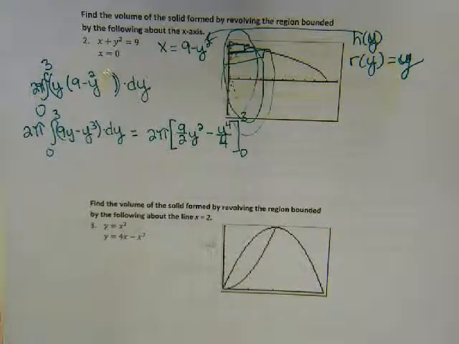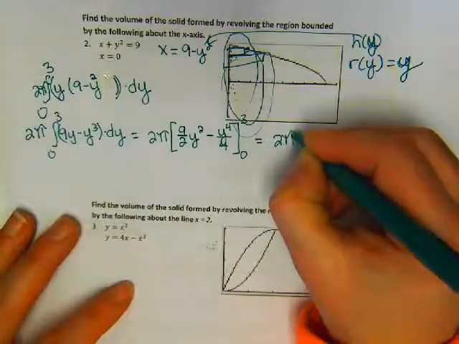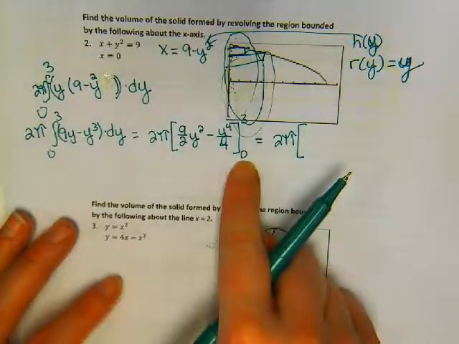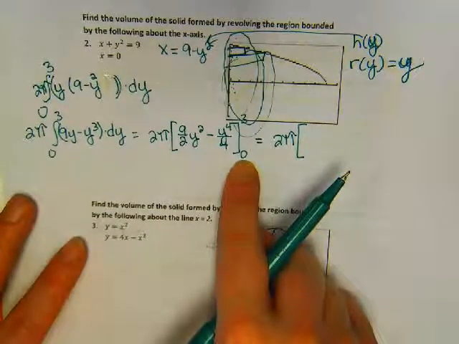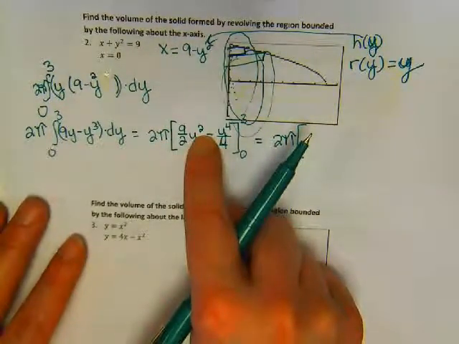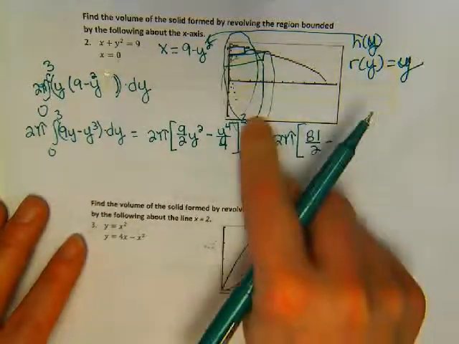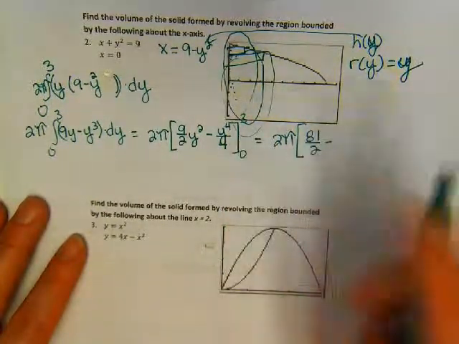All right. How we doing? The nice thing about this is when I subtract the 0, it's just going to be 0, right? Okay. So let's see here. 3 squared is 9. 9 times, this is 81 halves, isn't it? And then 3 to the 4th is 81, minus 81 fourths.